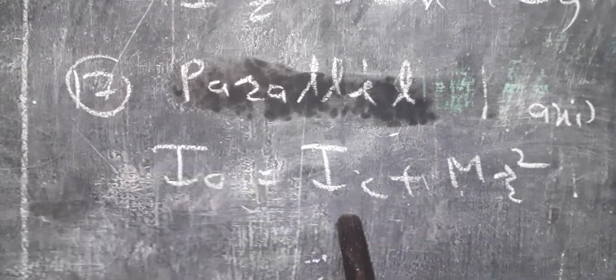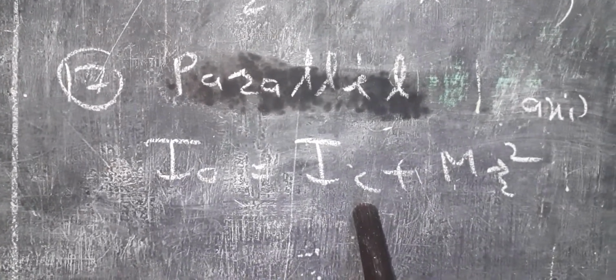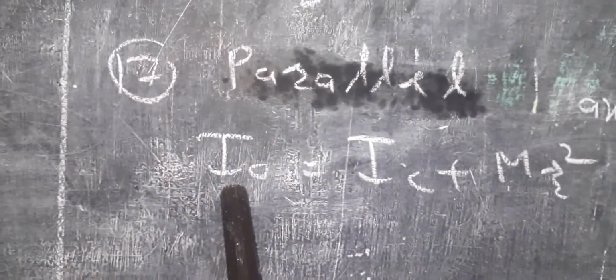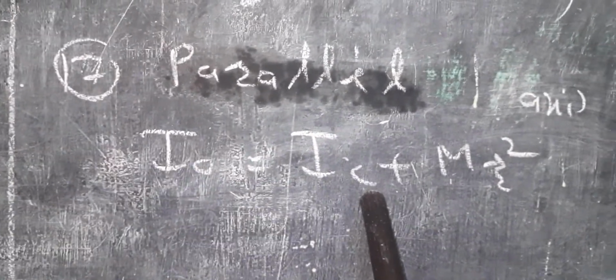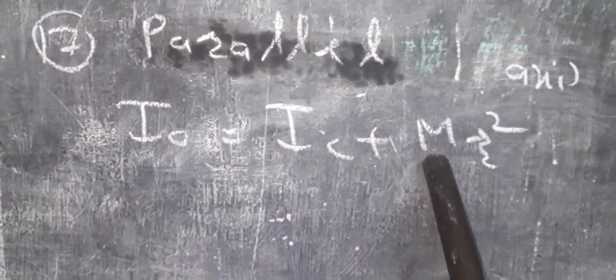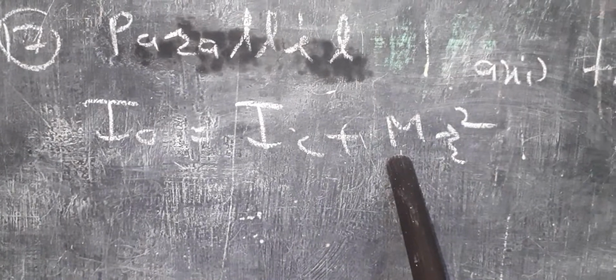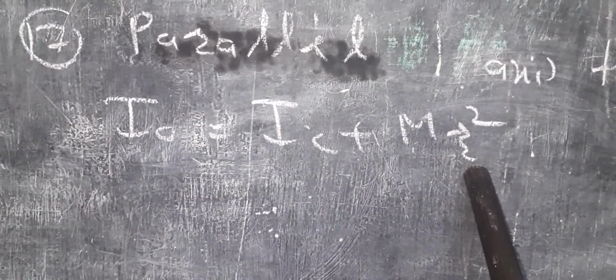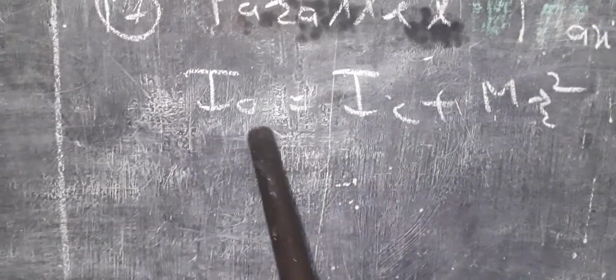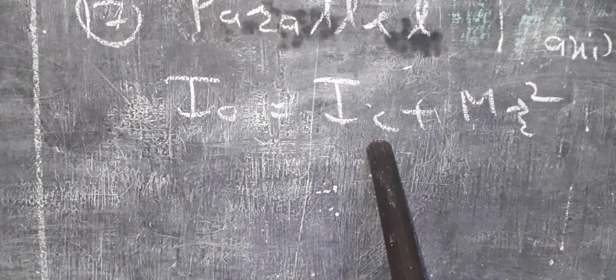So we have to imagine an axis passing through any point O, and a parallel axis passing through the center of mass, plus m into r square. M indicates mass of the body and r indicates distance between point O and point C, or we can say the axis at point O and axis at center of mass.